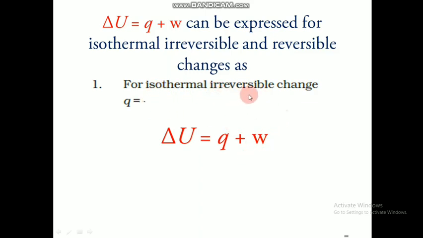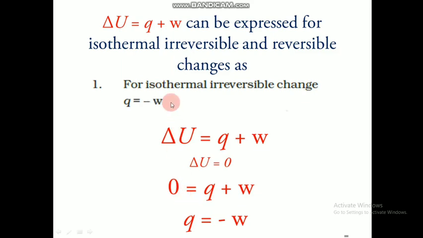In an isothermal irreversible process, how will it be? We told that delta U is equal to 0. Hence, Q plus W is equal to 0. If Q plus W is equal to 0, what will be the value of Q? W will go to the other side, so the sign will become negative. Q is equal to minus W. So what is the value of minus W? We have an isothermal and irreversible process.